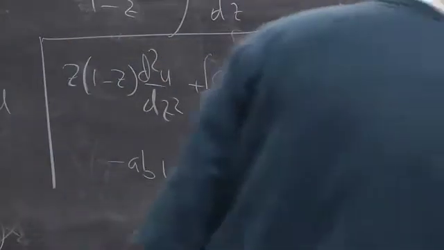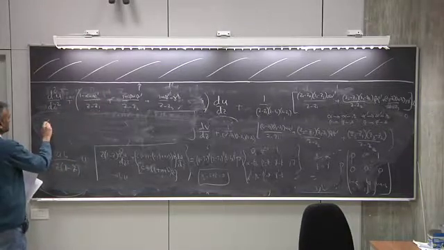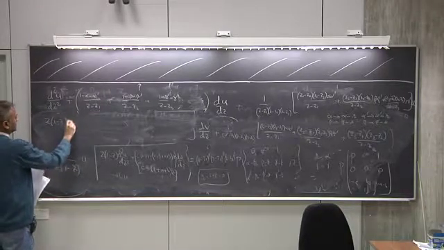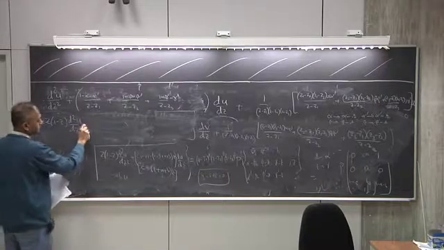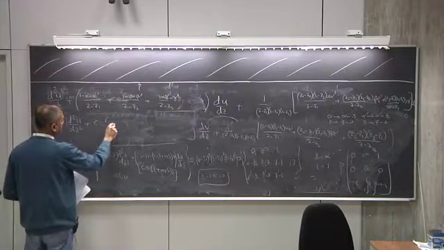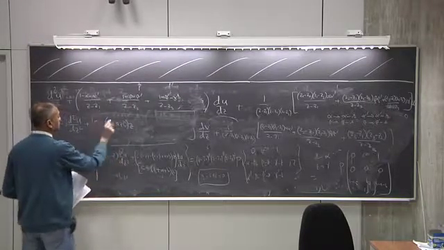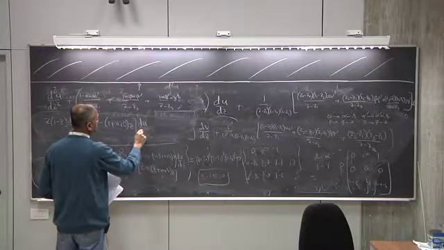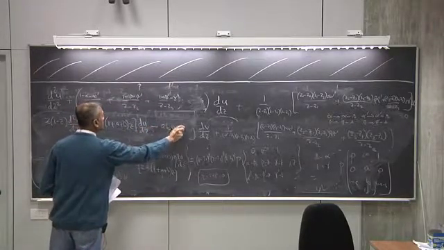So just write this down again here. The equation is finally z times 1 minus z d2u by dz2 plus c minus 1 plus a plus b z du by dz minus ab u equal to 0.